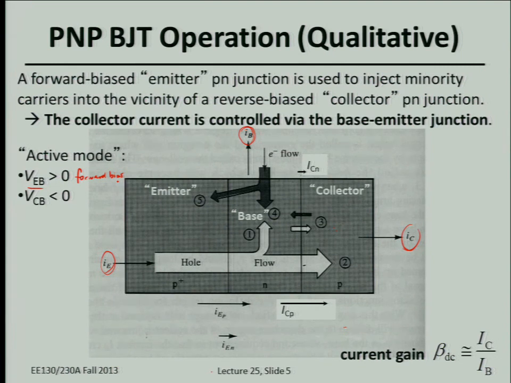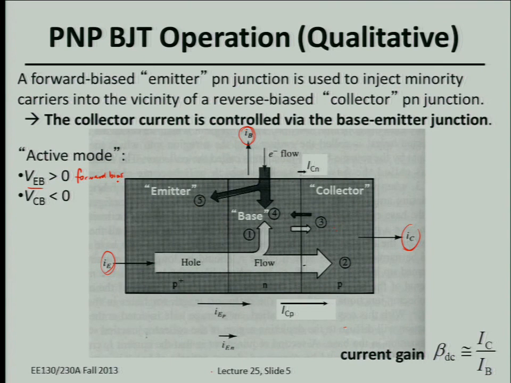Remember in a p-n junction diode, the current is proportional to the cross-sectional area of the junction, and it depends on the charge of each electron and hole.